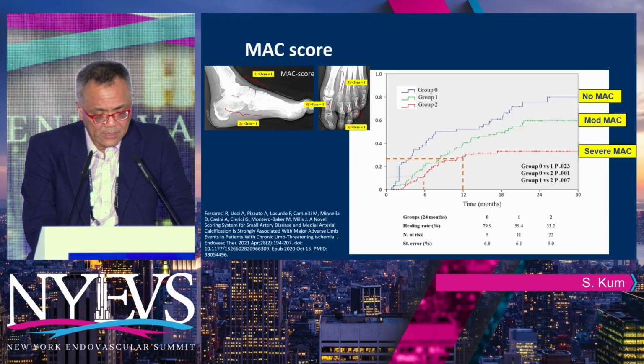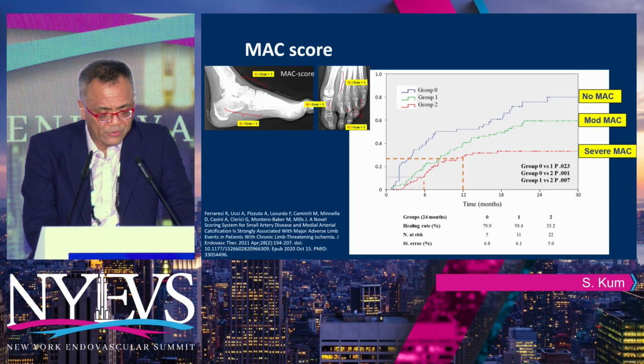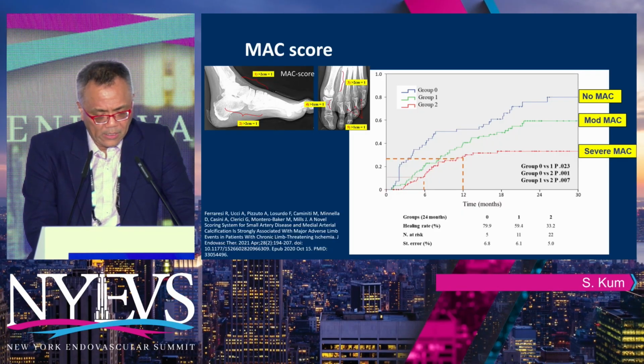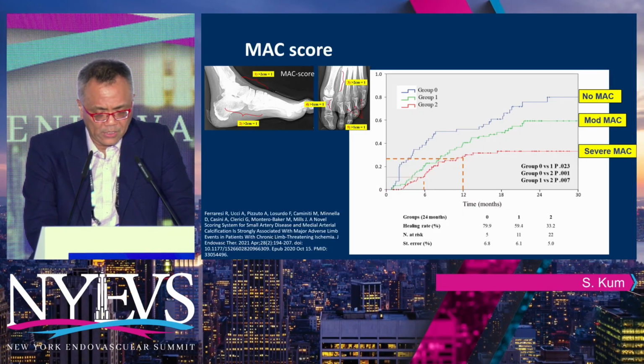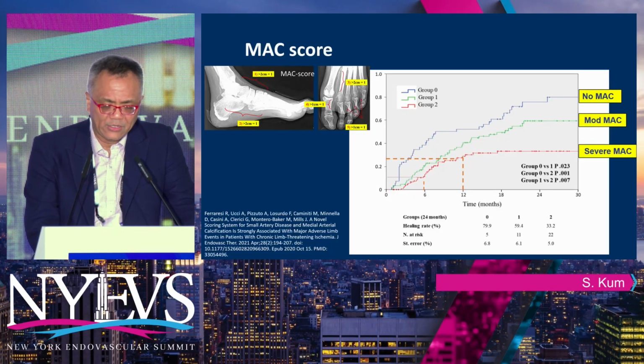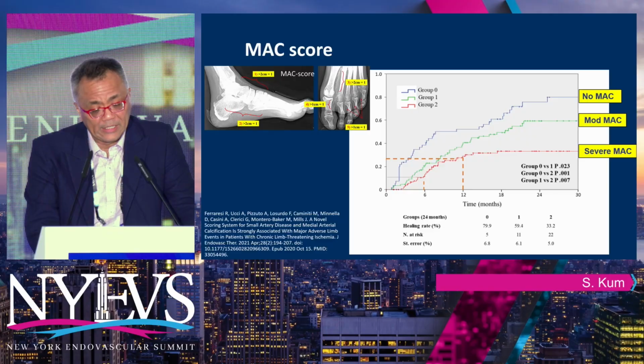And it's been seen that in patients with small artery disease, the wound healing can be quite dismal, and up to only 30% of patients with moderate to severe MAC or medial artery calcification or small artery disease actually completely heal their wounds.